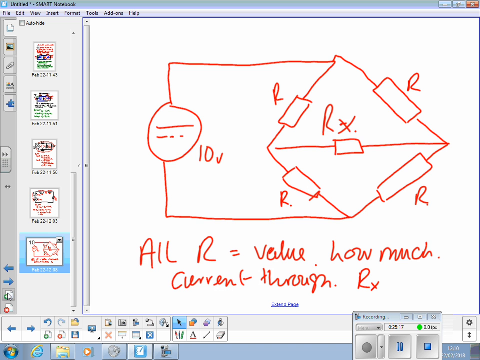How much current flows through the resistor Rx? But have a look at the other questions first, and then in the last 5 minutes, I'll go through that anyway.